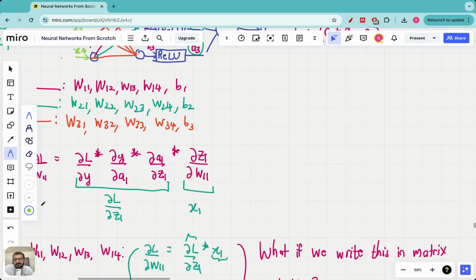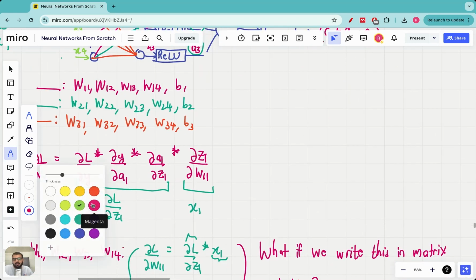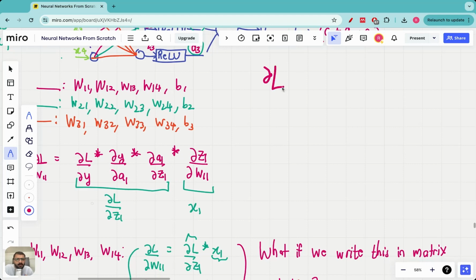It can actually be expressed like this. So partial derivative of loss with respect to the first bias will be equal to the product of partial derivative of loss with respect to z1 multiplied by partial derivative of z1 with respect to b1.